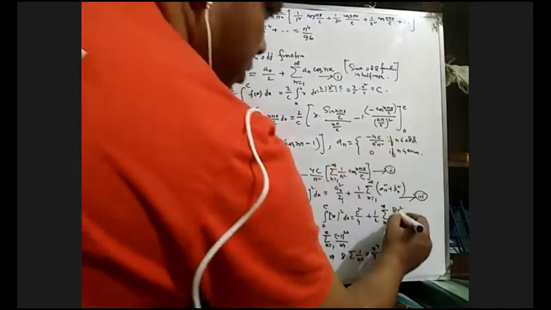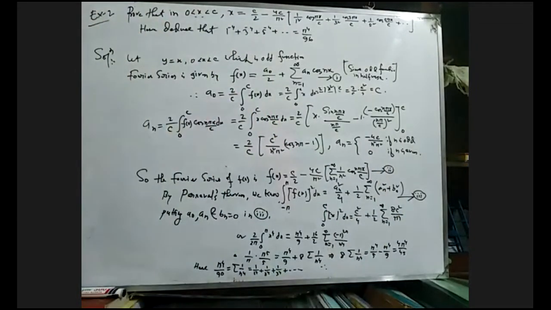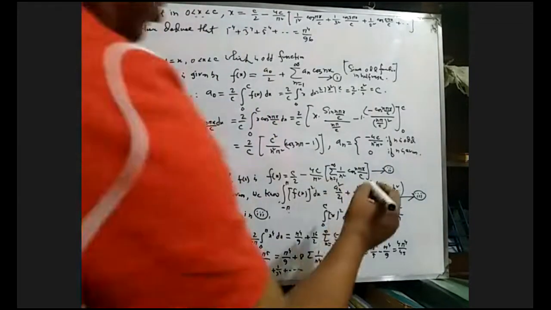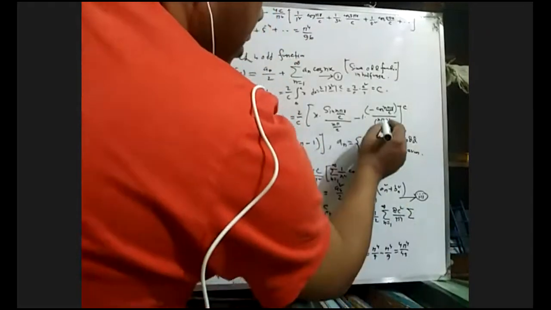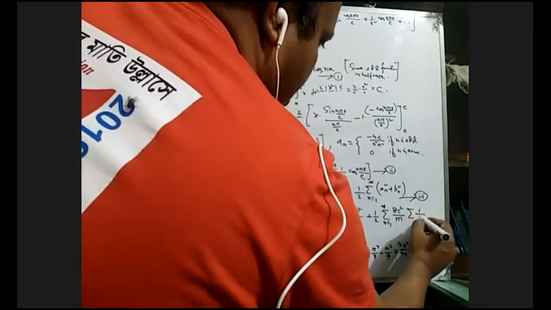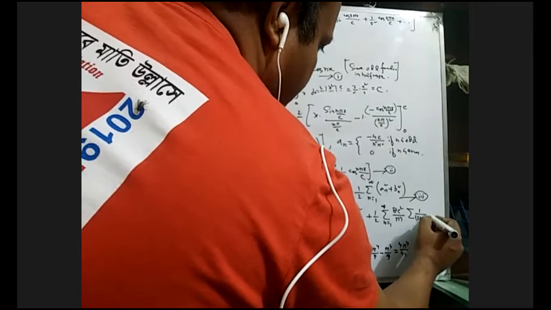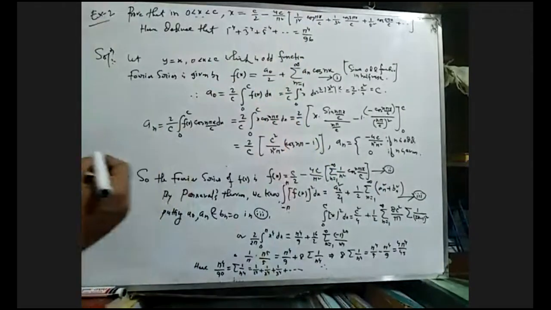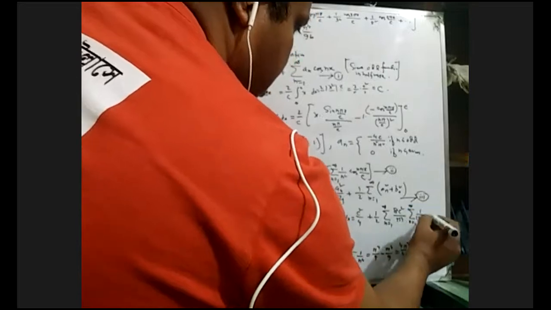Pi square whole square means pi to the power 4, and the summation will be what? Odd. N will be odd here. So the odd number will be twice n minus 1 whole square, and n equals 1 to infinity.